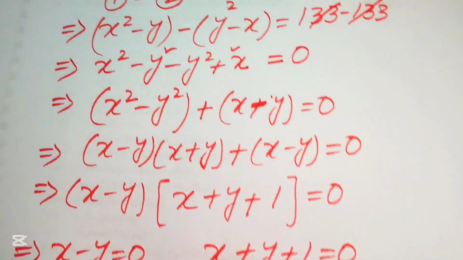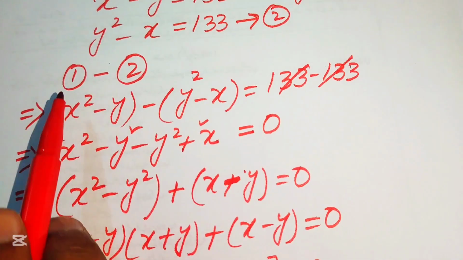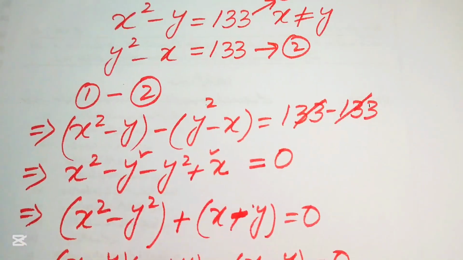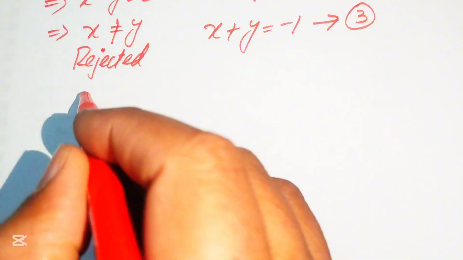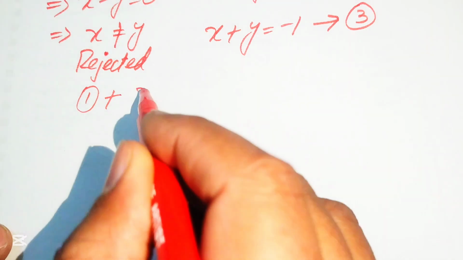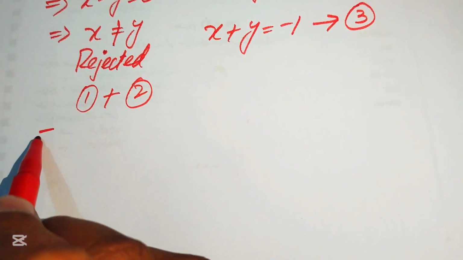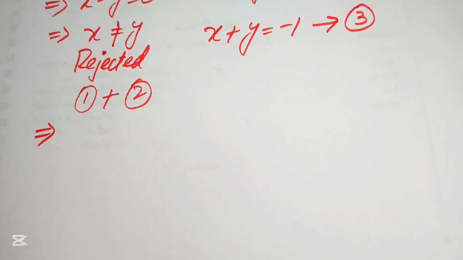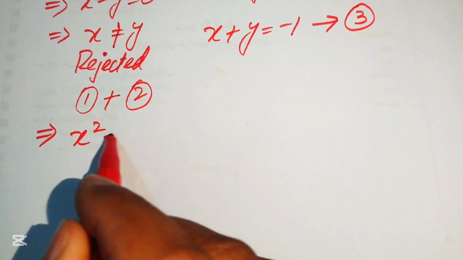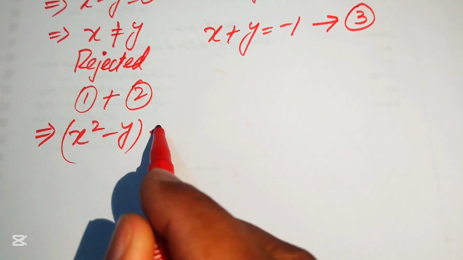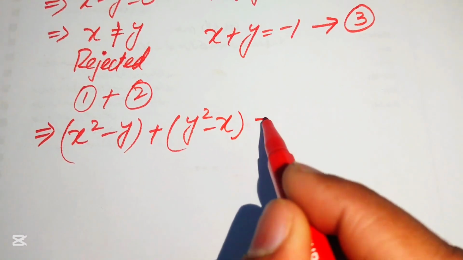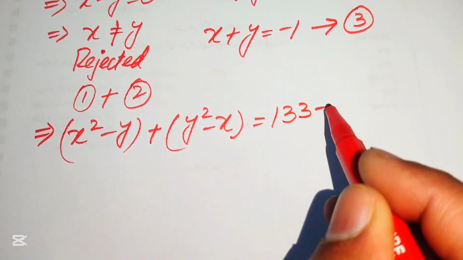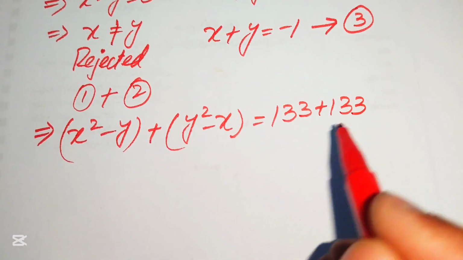First we subtracted equation number 1 and equation number 2, and now we will add these two equations. We write it as adding 1 and 2. To add equation number 1 and equation number 2, we add the left hand side with the left hand side, so this is the left hand side of equation number 1, this is the left hand side of equation number 2, and equals 133 plus 133.